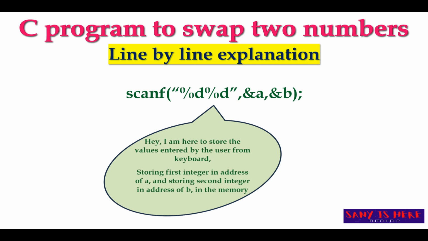What does it indicate? Hey, I am here to store the values entered by the user from the keyboard. Storing the first number in the address of A, that's why we are using &a. &a means in the address of B, and storing the second number in the address of B in the memory, and both are integers, that's why we are using two %ds.